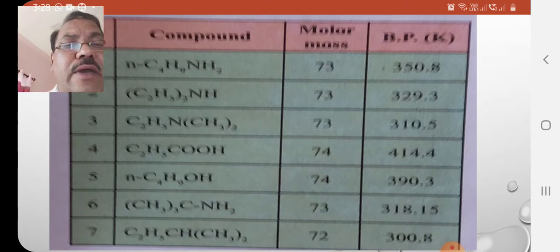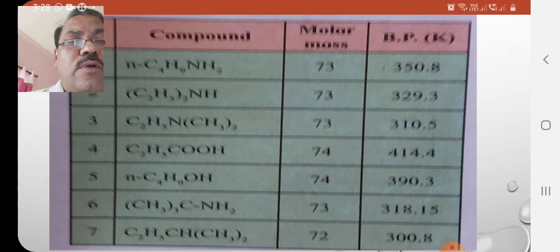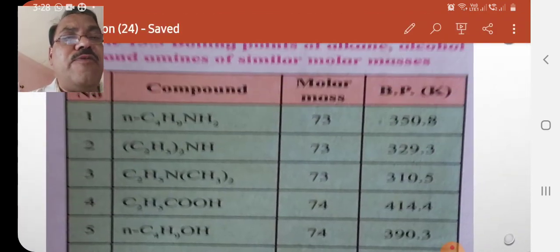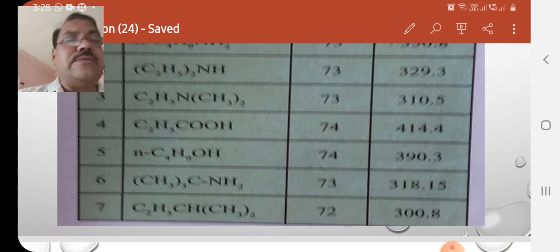So by this table we can see the lowest boiling point compounds are hydrocarbons, then second is amine with slightly higher boiling point, then third is alcohol, and fourth is carboxylic acid, because carboxylic acids have even higher boiling point than alcohols.